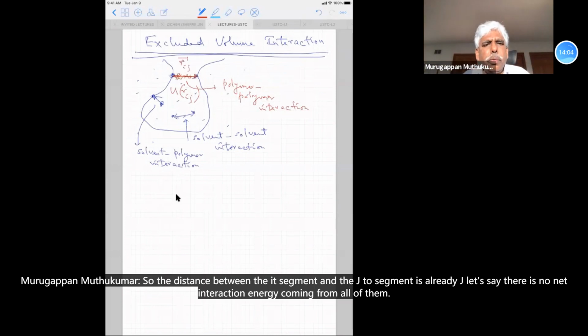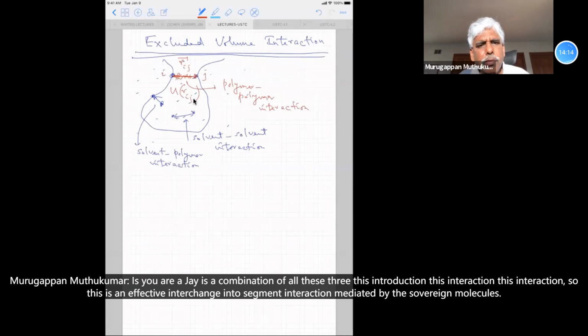So the distance between the ith segment and the jth segment is Rij. This U(Rij) is a combination of all these 3. This interaction, this interaction, this interaction. So this is an effective intersegment interaction mediated by the solvent molecules.